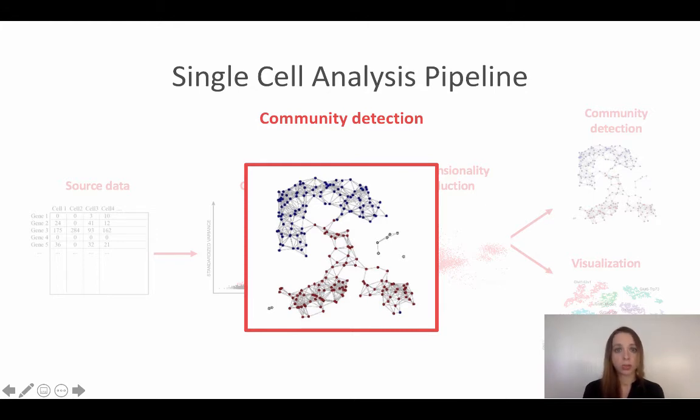So first, we construct a k-nearest neighbors graph and use Euclidean distance to determine k-nearest neighbors for every cell in this principal component space. Then we refine the edge weights of the graph by calculating the neighborhood overlap or Jaccard index between every cell and its nearest neighbors.